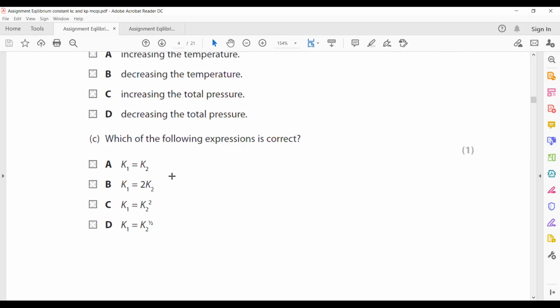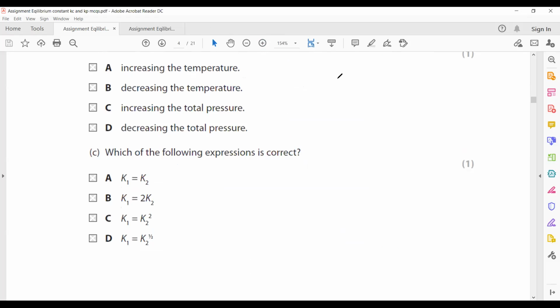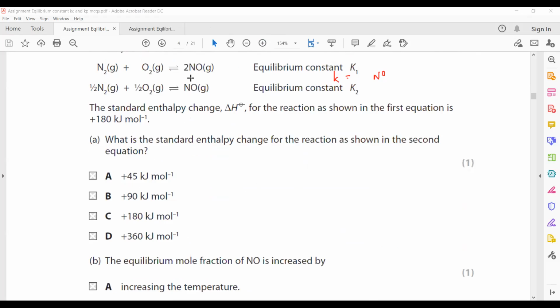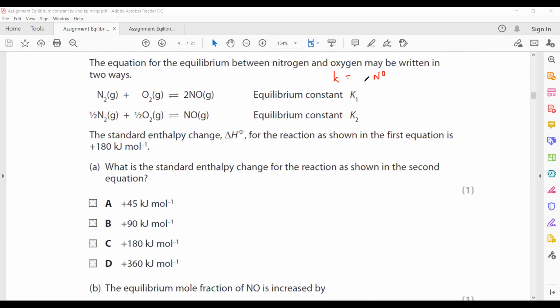The reason it cannot be B is, when we wrote the expression, K1 was equal to NO square divided by N2 and divided by O2, and K2 was equal to NO divided by N2 raised to power half and O2 raised to power half.